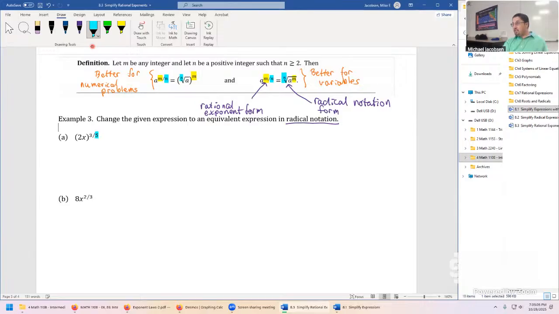The denominator tells us which root we're taking, so we can start off by writing this as fifth root. But this time, to simplify the work, we're going to put the power on the inside. So this would become 2x to the power of 3. That means this simplifies a little bit further.